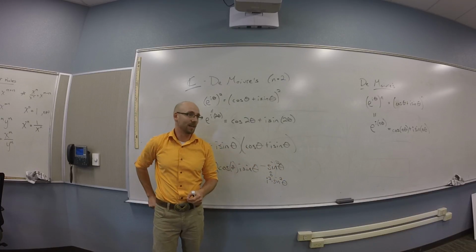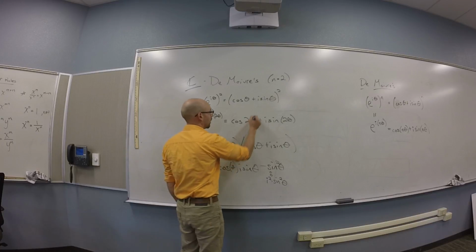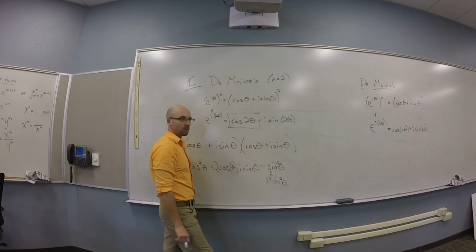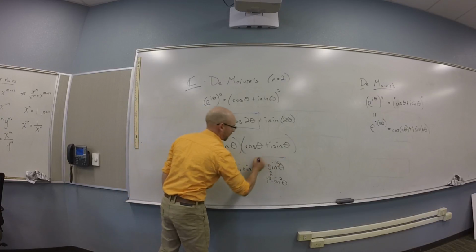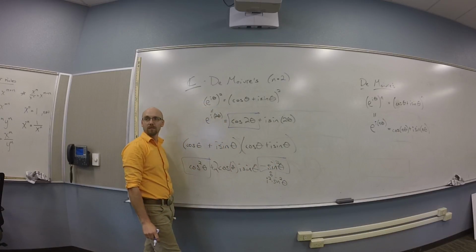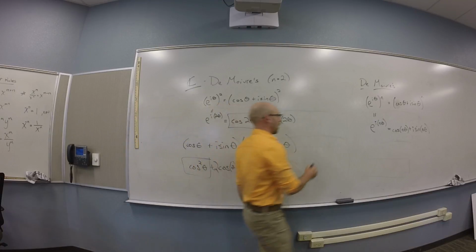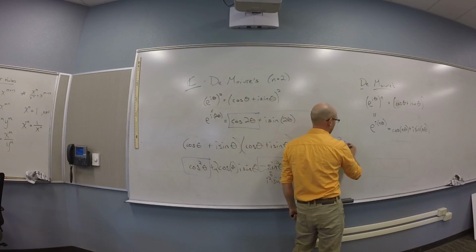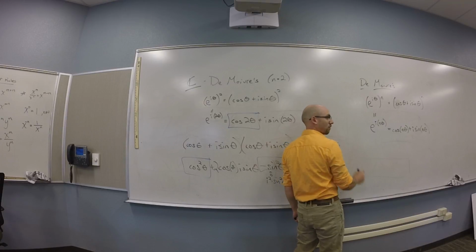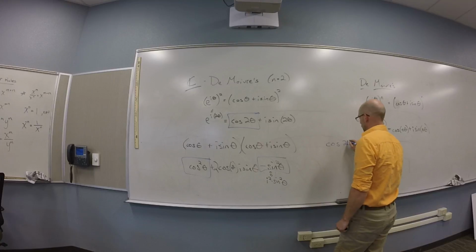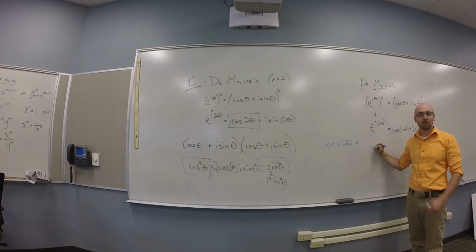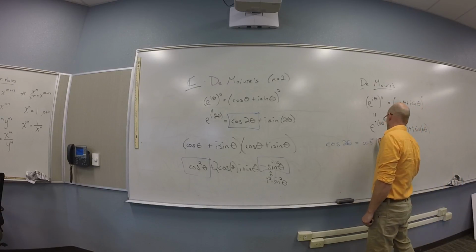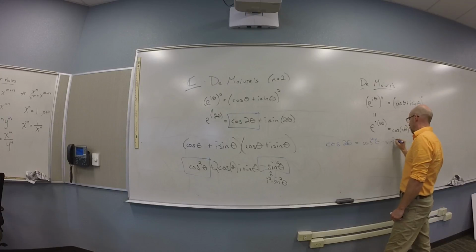So here's what you can say, though. What you can say is the bits without i's, cosine 2 theta, has to be the bits without i's down here. You guys with me on that? So I can write down cosine of 2 theta, right, is what? Cosine squared theta minus sine squared theta.